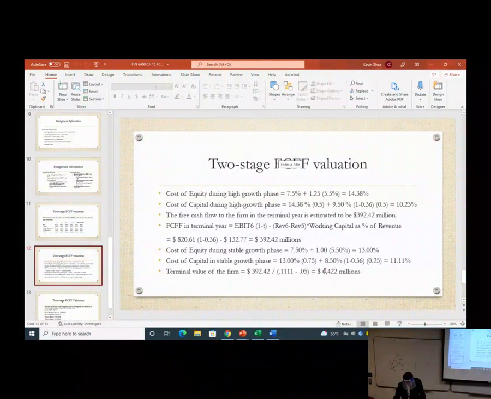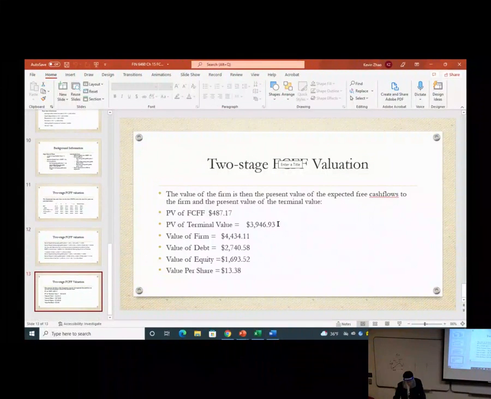And then you continue to discount that to get the present value, which is $3.9 billion. And the present value of free cash flow during the first 5 years is this much. And then you add them together to get the value of the firm. And then minus the value of debt, you get the value of the equity. Divided by the number of shares outstanding, you get the value per share.